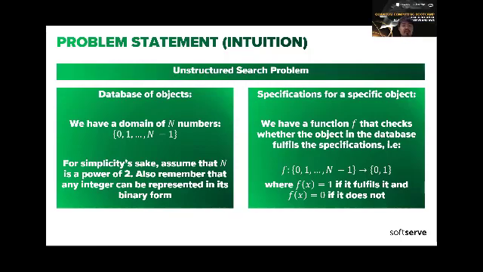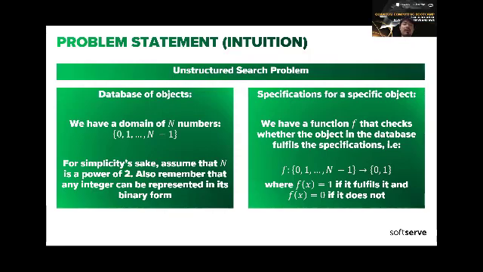For the specifications of a specific object, we are going to have a function that checks whether the object in the database fulfills those specifications. That means we have a function f that takes in anything from the database and outputs 0 or 1. What do this 0 and 1 mean? You still remember when I went through the history of quantum computing and important concepts.